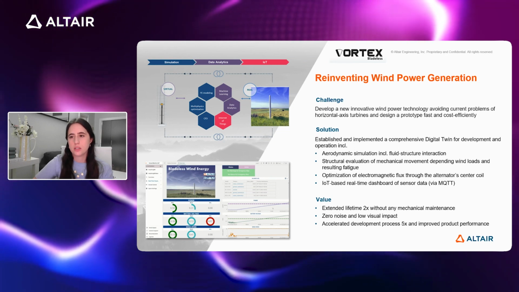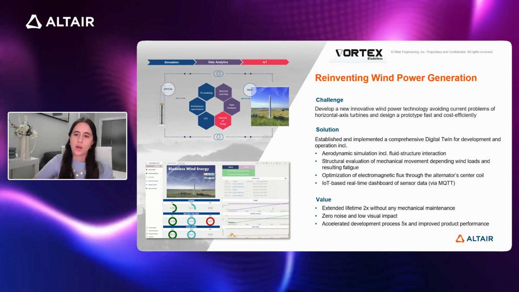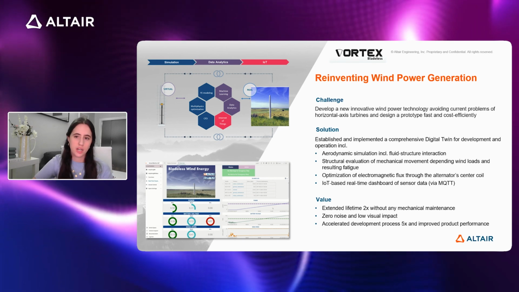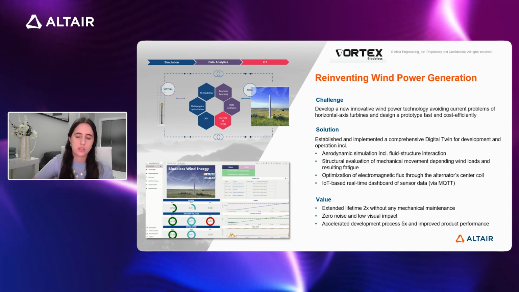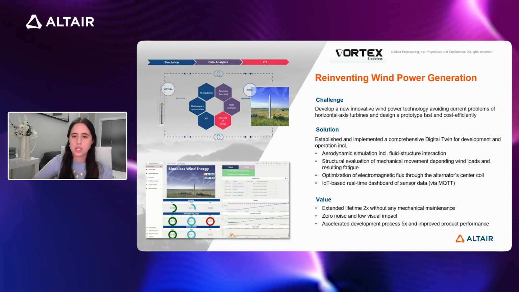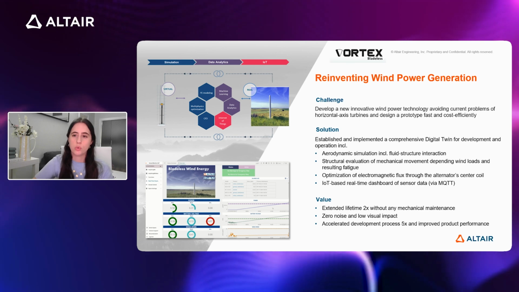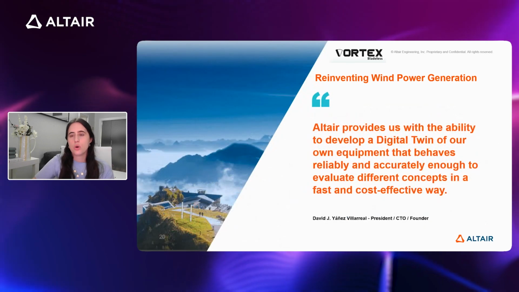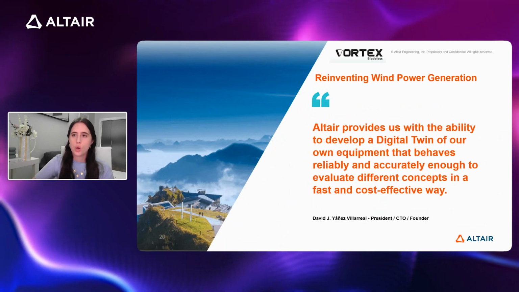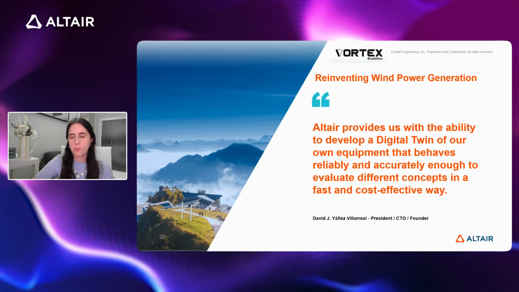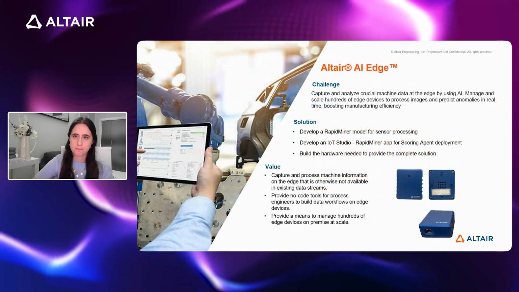And once the asset was out in the market, they included IoT Studio to enable connectivity, which allowed them to monitor the assets that were installed in the middle of nowhere, set alerts based on the expected behavior, check the power generation, and thanks to all this data and metrics, they were able as well to include some algorithms to improve the product performance. So for them, having all the tools they needed under Altair's digital twin ecosystem was crucial to accelerate the development of the process while continuously improving the product performance.